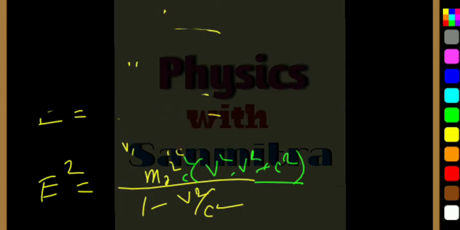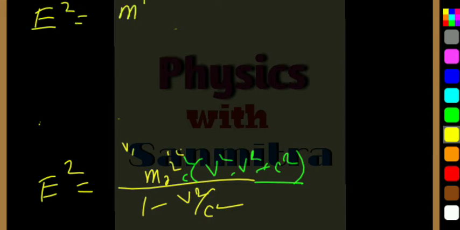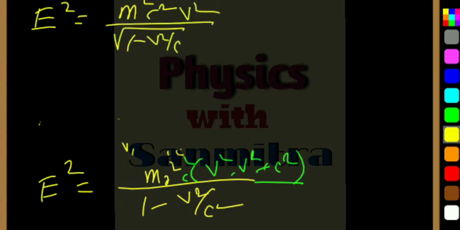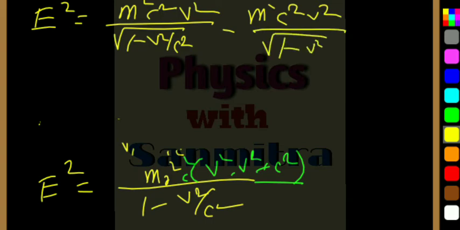This E square will be equal to m square c square v square, the first term, divided by 1 minus v square by c square, minus m square v squared into c square into v squared by 1 minus v squared by c square, plus m square c to the power 4 by 1 minus v squared by c square.